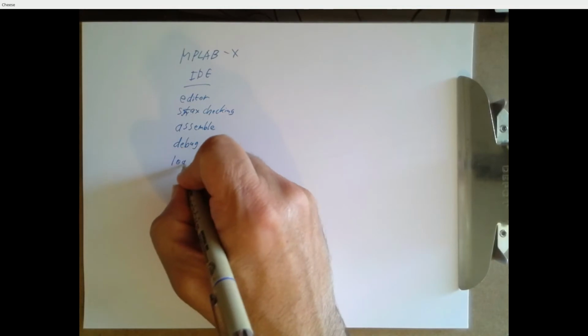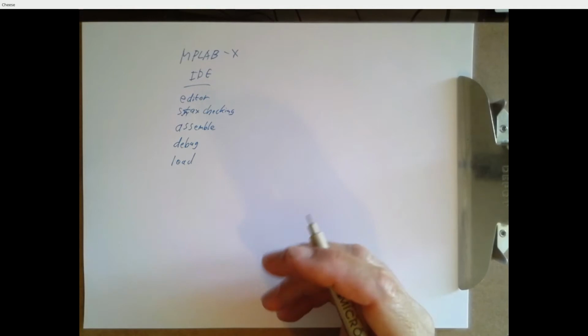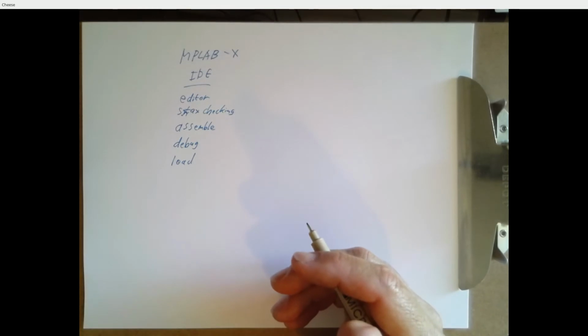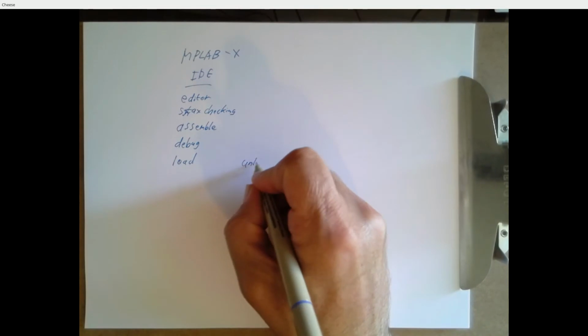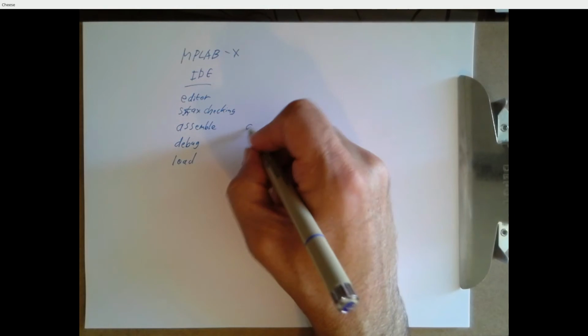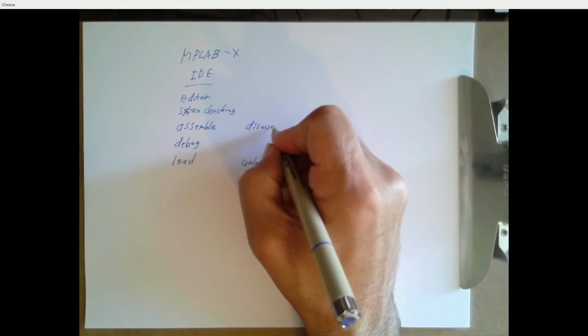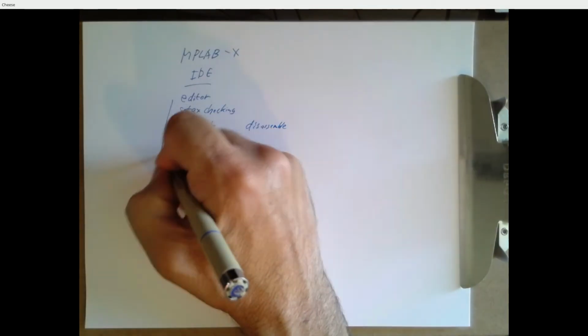It will also let us load our code into the PIC processor so that it actually becomes a piece of hardware that does whatever our program asks it to do. It will also let us unload the ones and zeros from a PIC processor into memory, and will also let us disassemble. So in some sense we can go back to looking at the assembly language. But this is going to be our main tool flow.